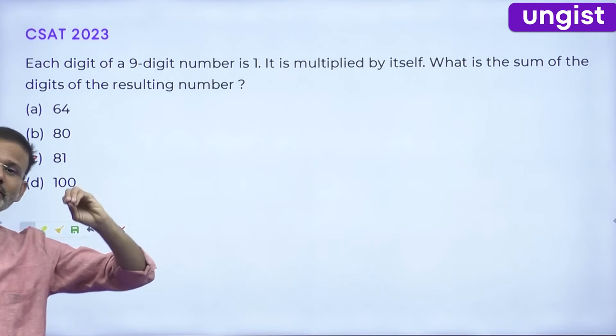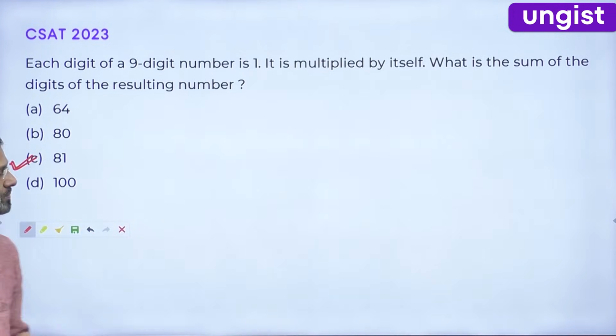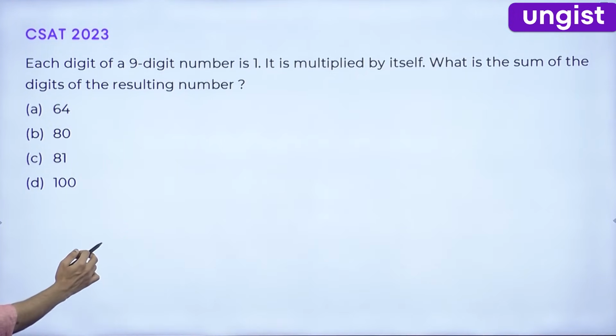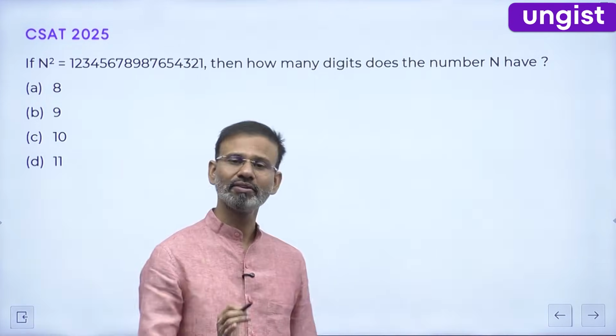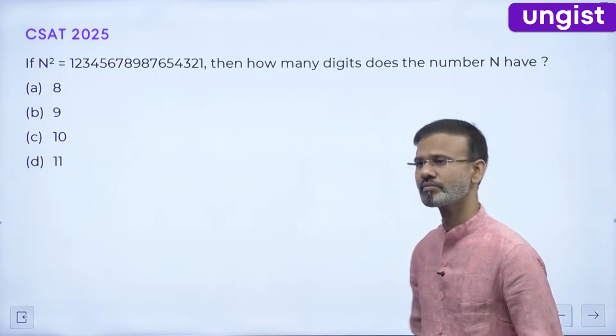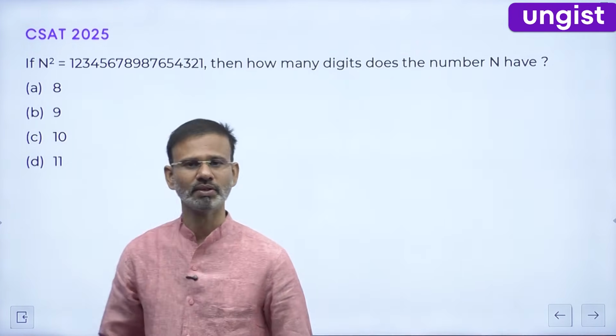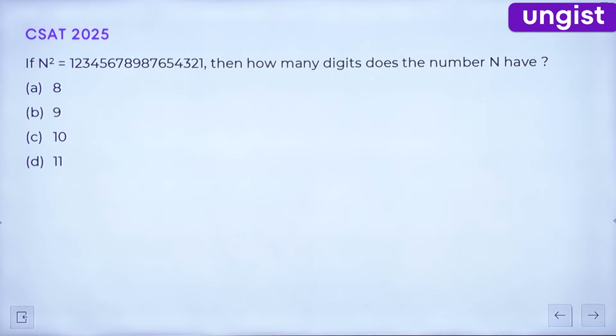Everybody, the similar question they have asked once again. Let me tell you. Just look at the question, guys. The similar question they have asked once again. Just read the question. Right? The similar question. Okay?